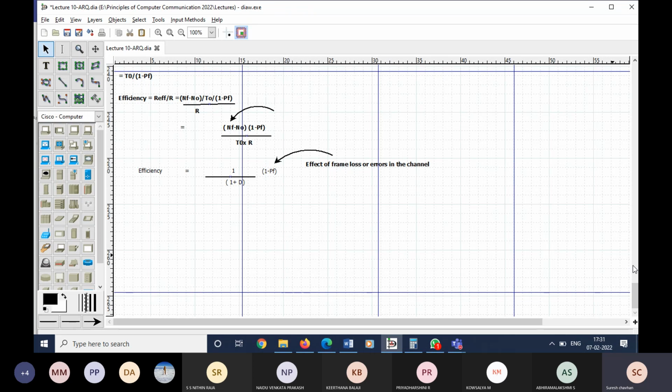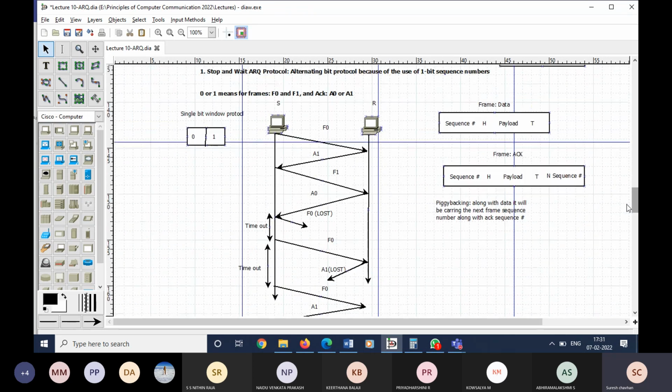One way of improving the efficiency of the stop and wait protocol is like this. In this scenario, the stop and wait protocol just sends a frame and waits till it receives the acknowledgement from the receiver. Correct. So only one frame it can send. It cannot send more than that, right?